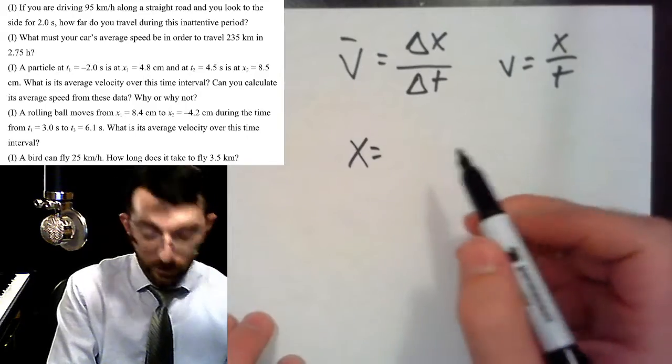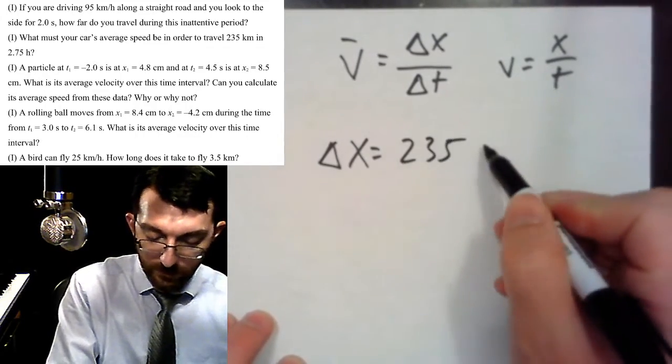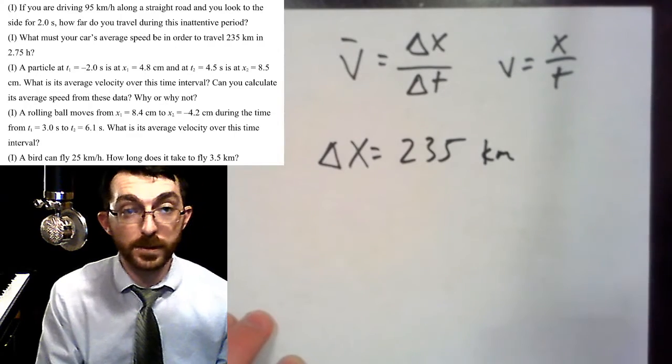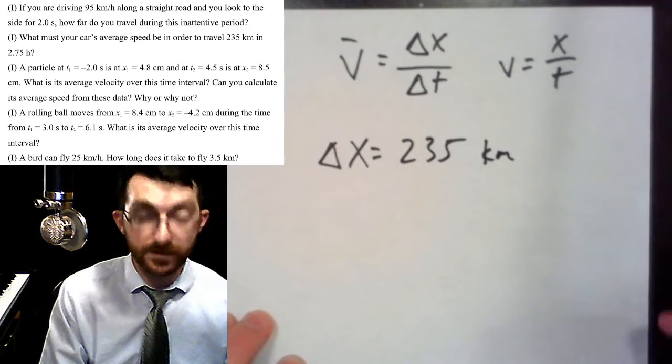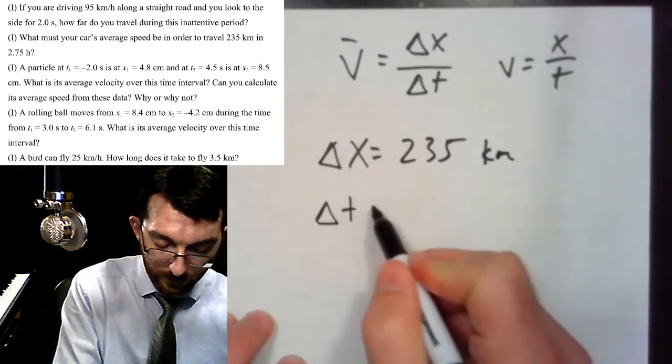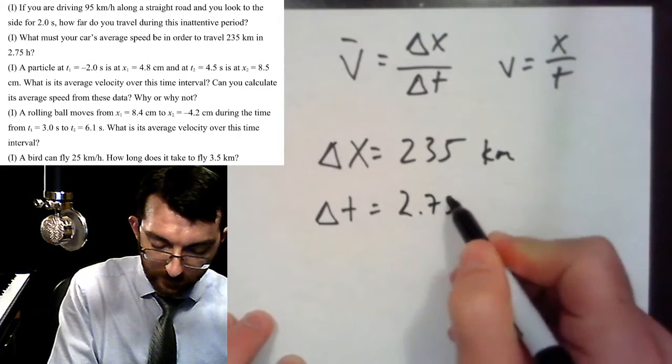X or delta x, it's going to be 235 kilometers. As for delta t, it's 2.75 hours. Whether it's t or delta t, 2.75 hours.